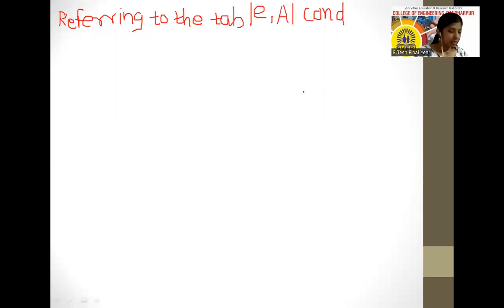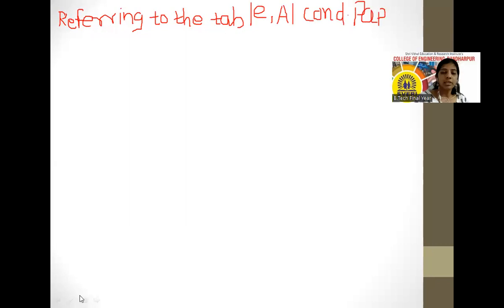Aluminum conductor, paper insulated. So the specifications are mentioned in that table itself. Paper insulated, or whichever type of insulation is provided. Paper insulated 11 kV underground cable.